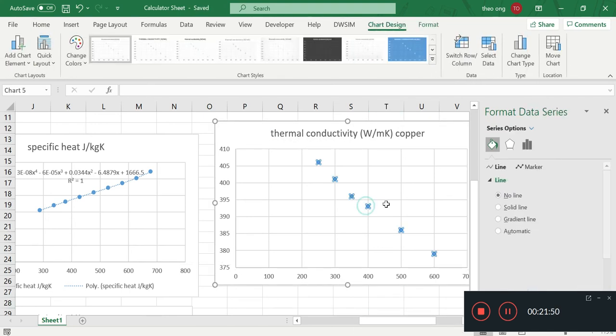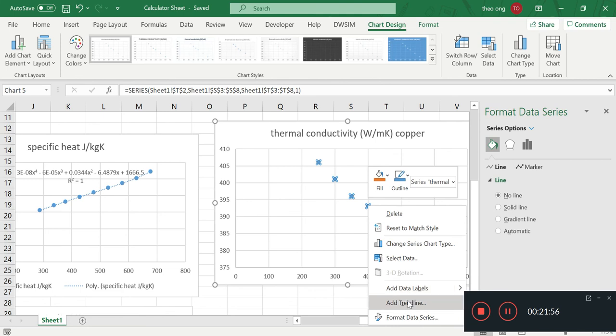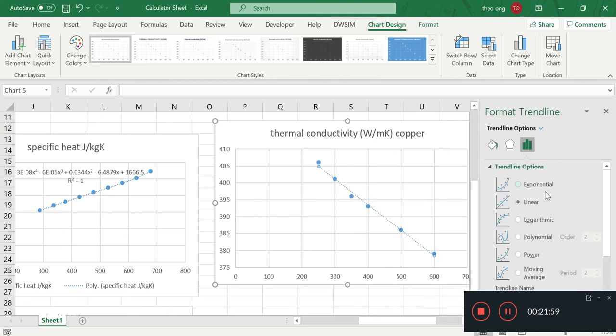So let's give it a trend line again. Add trend line. Okay, a linear trend line. I think I'll just move this here.